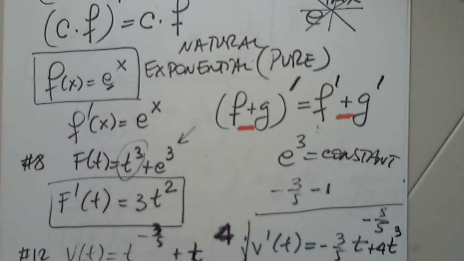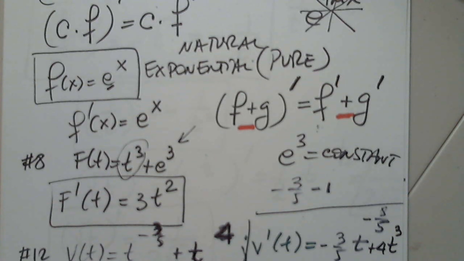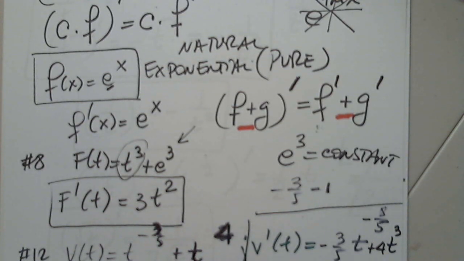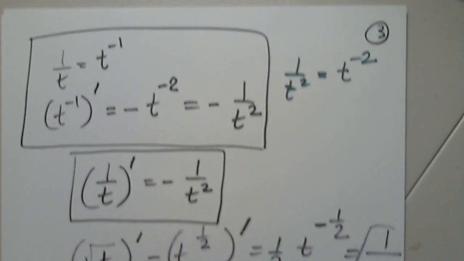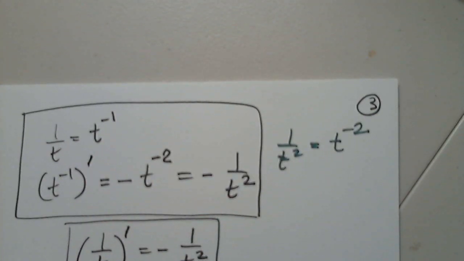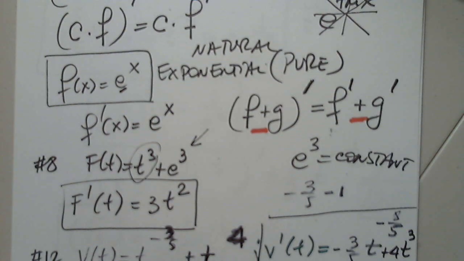So let's differentiate. We know already the result for this. What should I write for 1 over t prime? We just determined the formula. That's negative 1 over t squared. Perfect. So then I have negative 1 over t squared. And this one, I will apply the power rule. How do I write the derivative of t to negative 2?